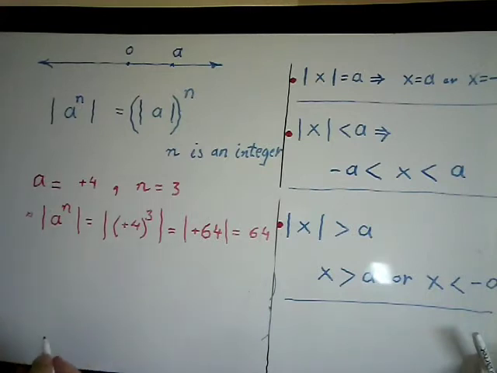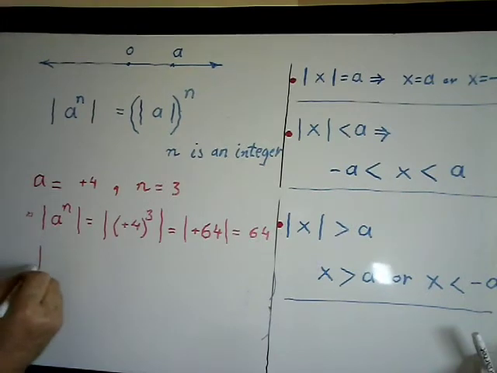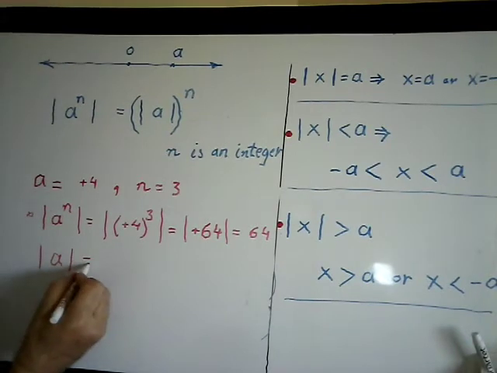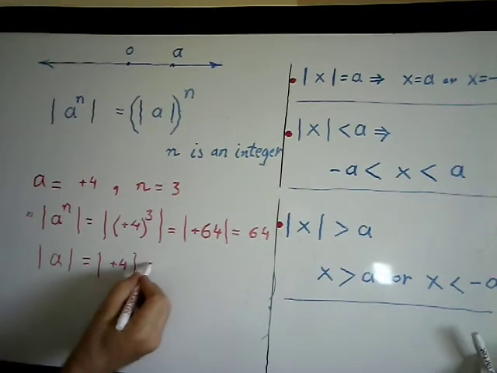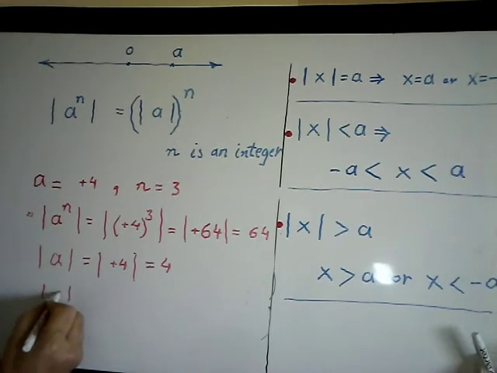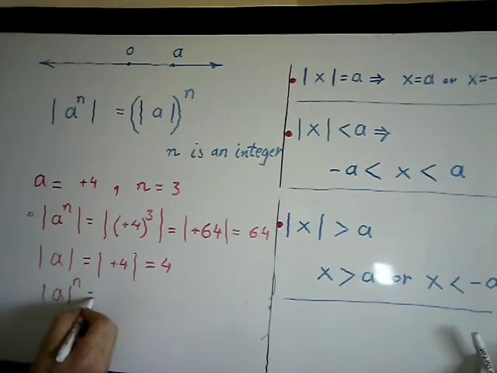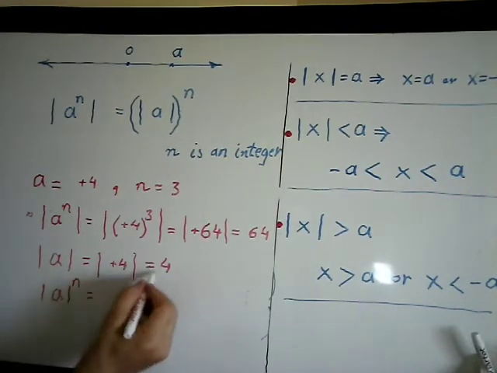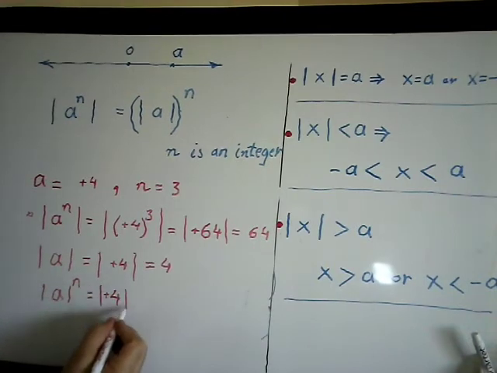Now if we repeat this by first getting the absolute value of A, it will be the absolute value of plus 4, which is 4. Then we raise it to the power 3.